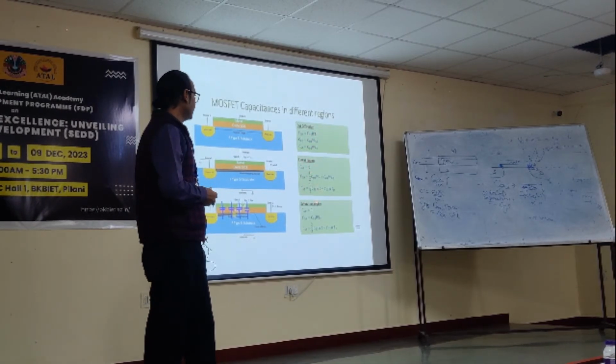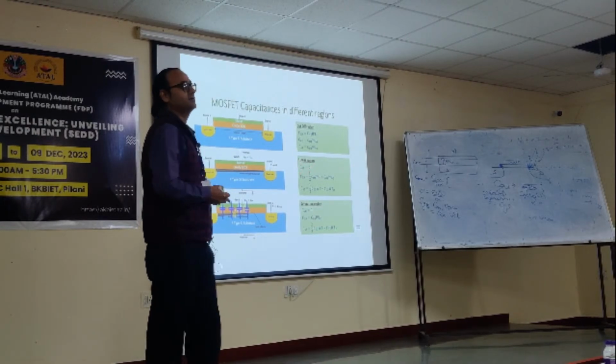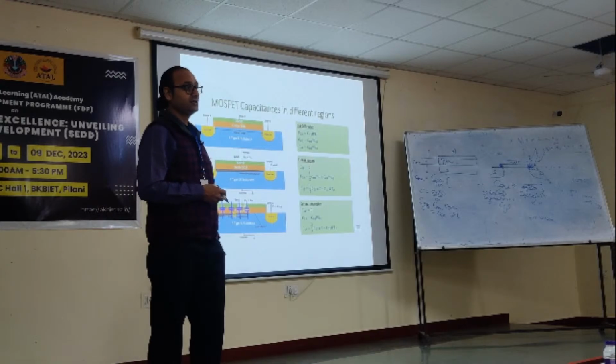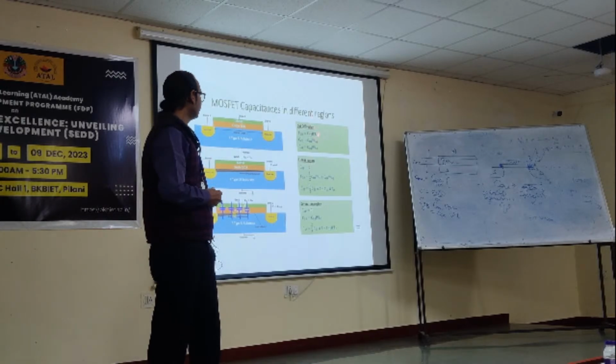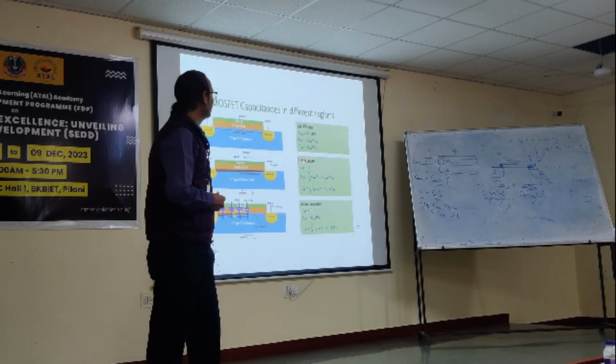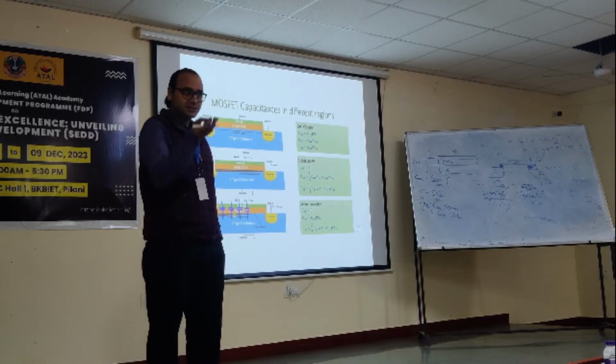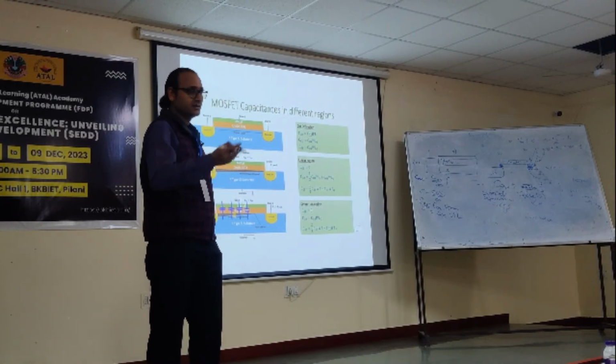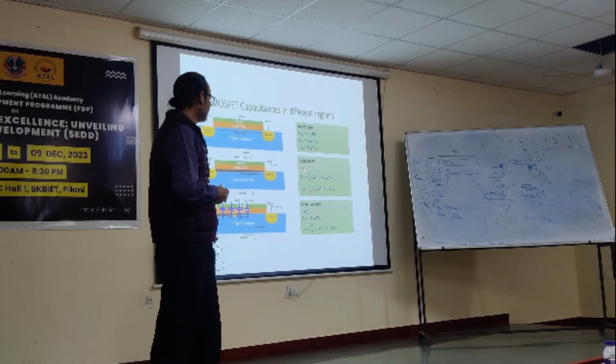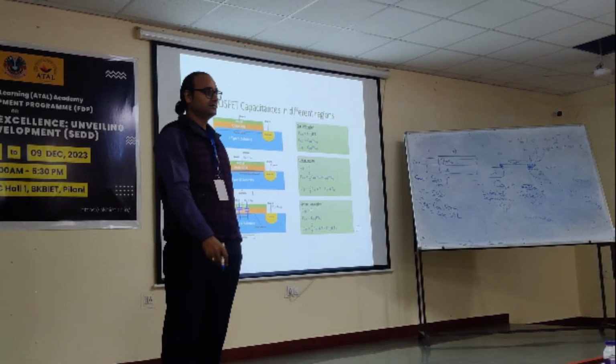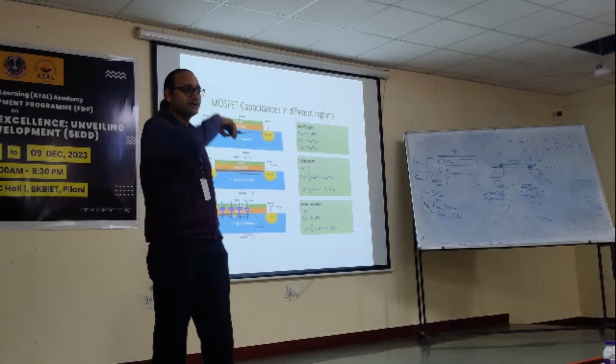Now, everything you might be knowing. Why is CGB equal to 0? We need to think about this. Under cutoff, this is okay. Under the linear region, the channel is there. Why is CGB equal to 0? That is important.